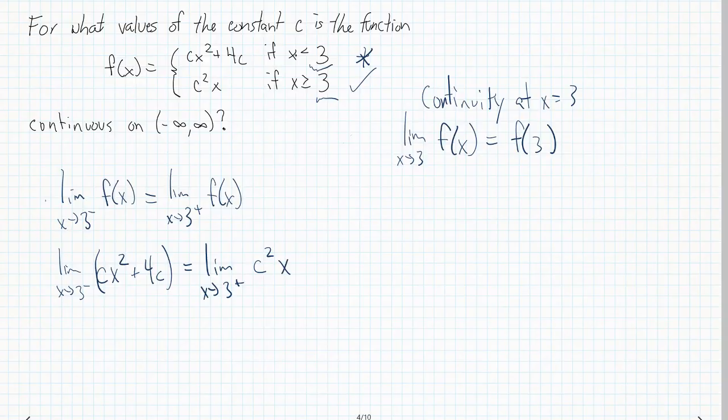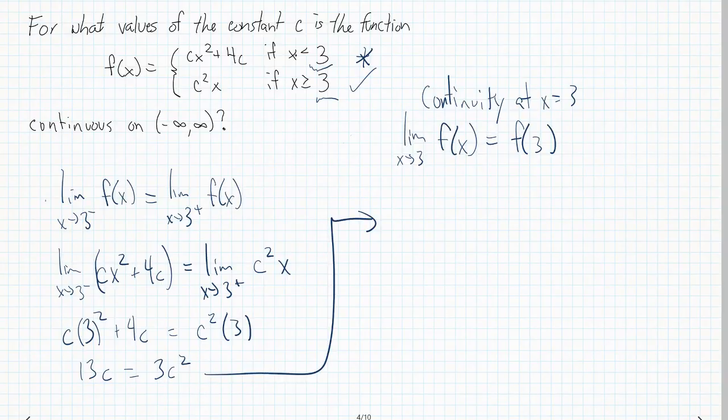Now what do we do? Well, notice we're taking x and approaching 3, so all we need to do now is plug in 3 for the x. So c times 3 squared plus 4c should equal c squared times 3. So notice this makes what? Well, this is 9c plus 4c, so you get 13c equals 3c squared.